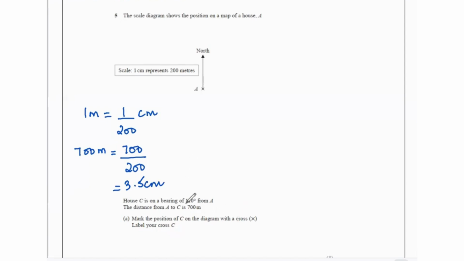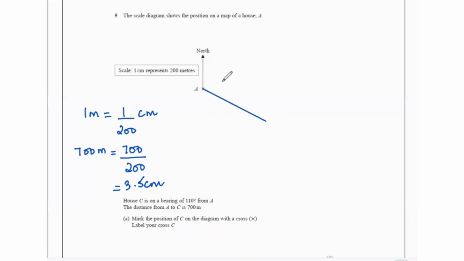And then using your protractor, you will draw the angle of 110 degrees to show the bearing and exact position of C. So 110 degrees will be somewhere over here. I'm drawing it freehand because I can't use the protractor on the laptop. But you will draw the bearing using the protractor. Please do not do it freehand. They do check it.